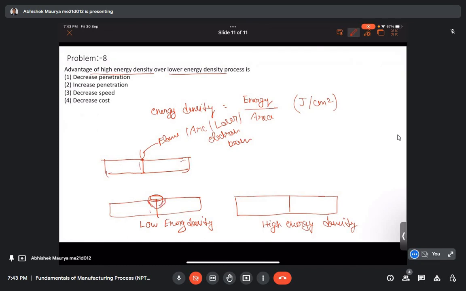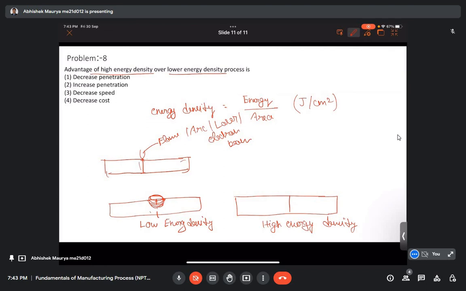Let's do it this way. Suppose we are providing energy for 5 seconds. In the first second, this much of material gets melted. Next second, this much of material gets melted. Likewise this. After 5 seconds, this much of material will get melted.